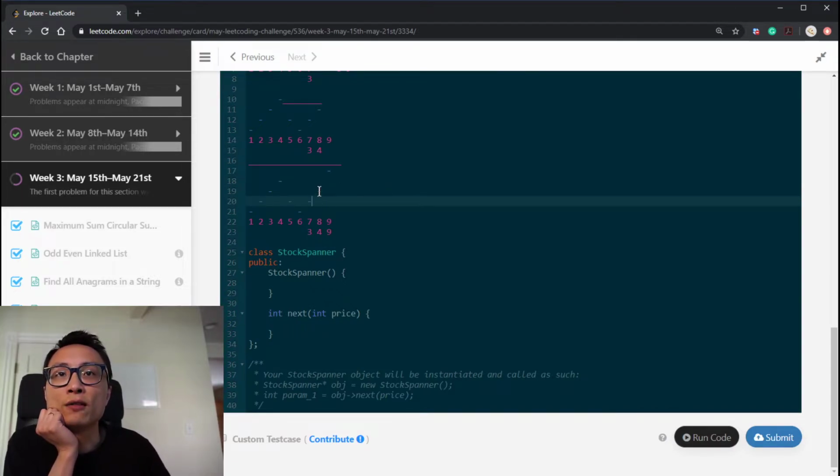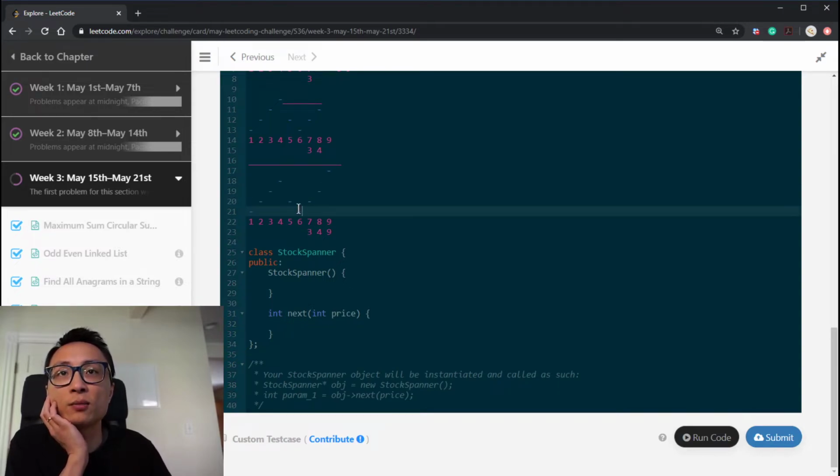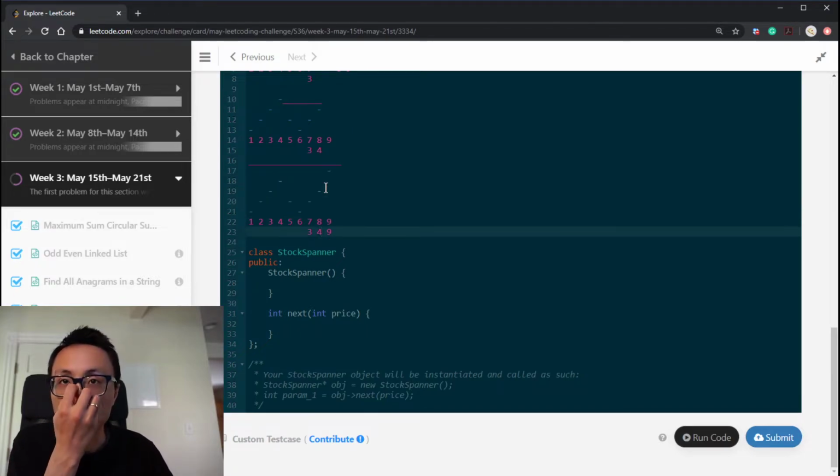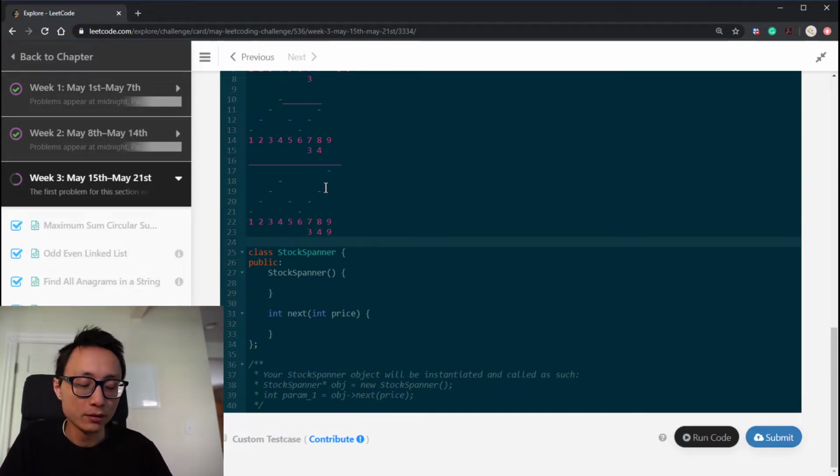Because if we ever have something that will use these 3 days from day 6 to day 8 to form a new span, that day's price is going to be at least higher than or equal to day 8's price. So instead of keeping track of these 3 consecutive values from 6 to 8, we can summarize that into day 8's price.